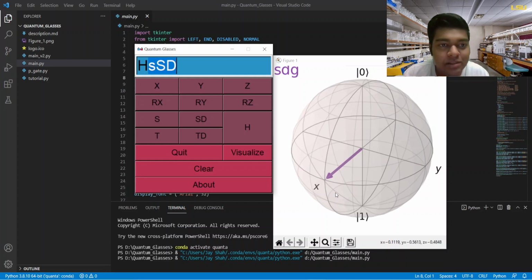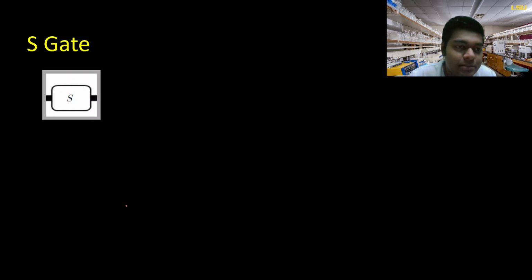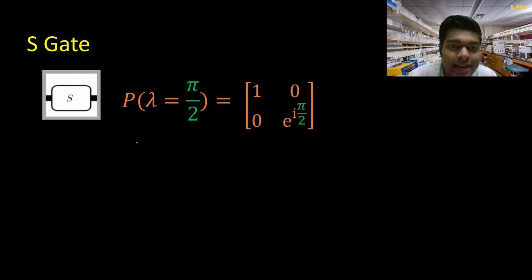I'll show you the matrices that represent both of these gates, and we'll also try to mathematically work out how this identity works. Let's first see the S gate. Symbolically, we just represent it with an S, and this is the matrix that represents the S gate.